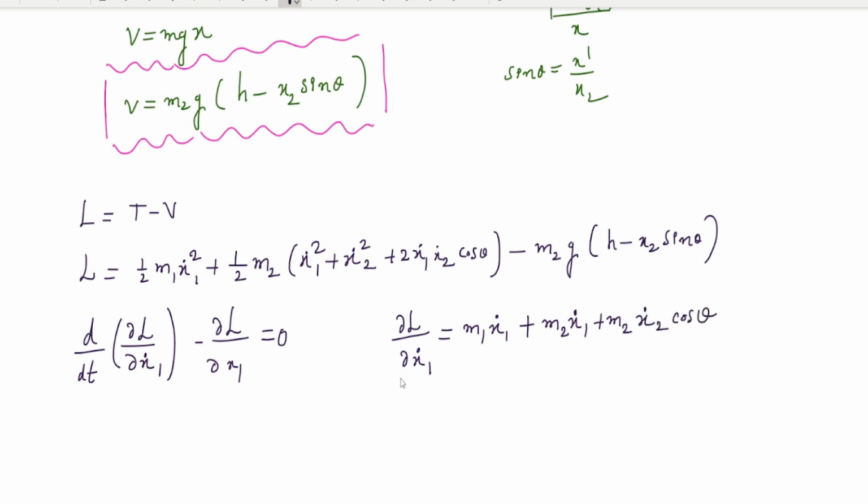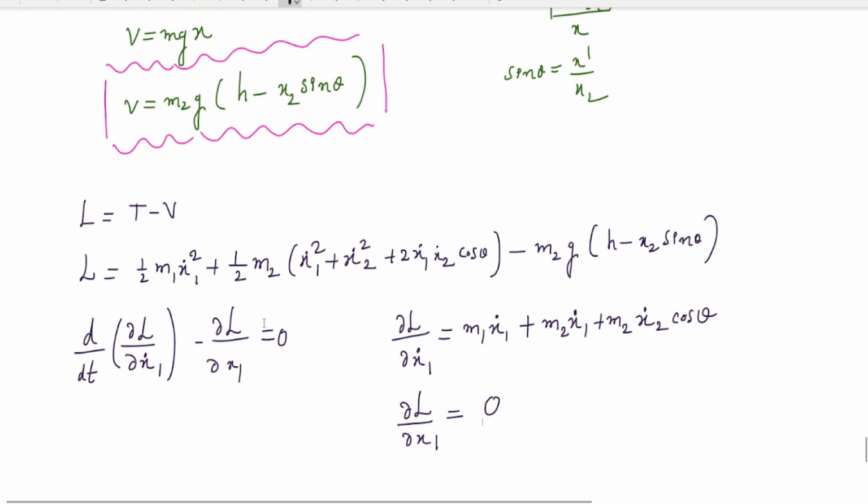Okay, now we want only the ∂/∂x1 term. If you look here, there is no x1 term. Okay, I mean x1 term, not x term. The x term is there, x2 is there, but no x1 term. So this one is 0.